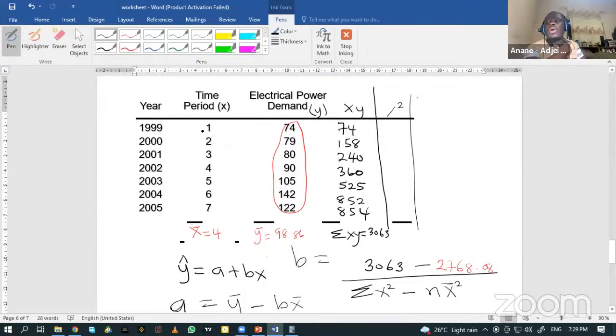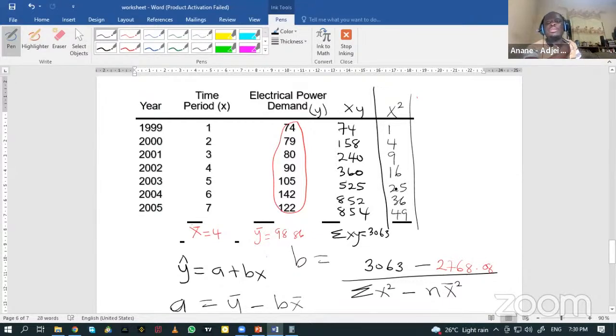So 1 square is going to give us 1. 2 square gives us 4. 3 square gives us 9. 4 square gives us 16. 5 square gives us 25. Then 6 square will give us 36. Then 7 square will give us 49.